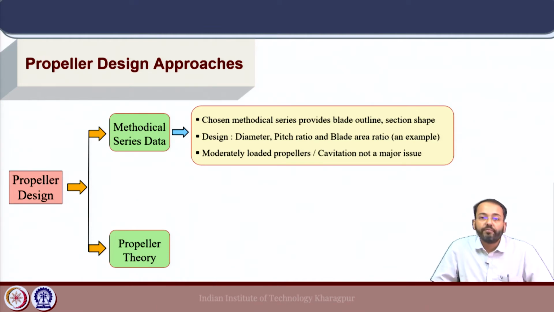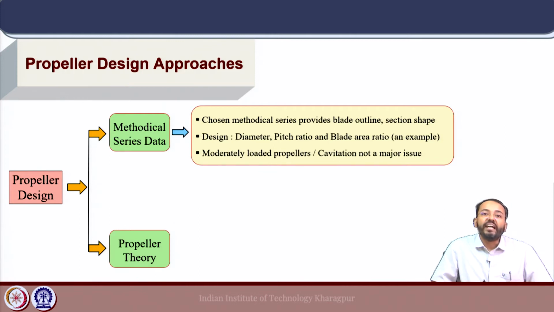For example, we have B series propellers, KA series, MAO series, GON series, etc., and each propeller series has a definite set of geometrical parameters by which the series parameters are defined, and based on the requirements of thrust and other operational requirements, the series is chosen and then interpolation is done based on certain parameters to obtain the final design.